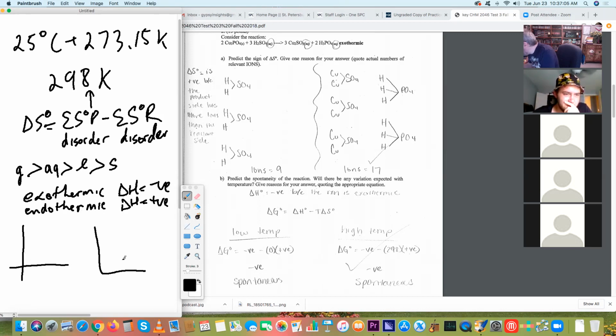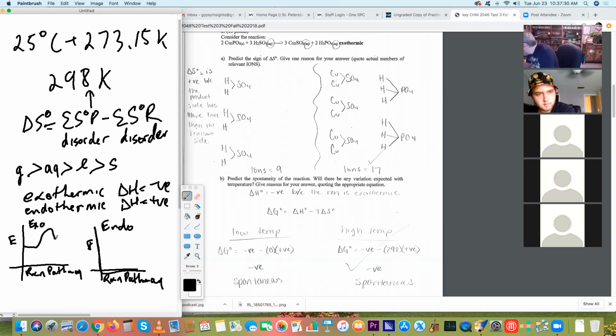I'll do these two energy diagrams here. These are kind of important. I like them as examples here. This one's exo, and this one's endo.